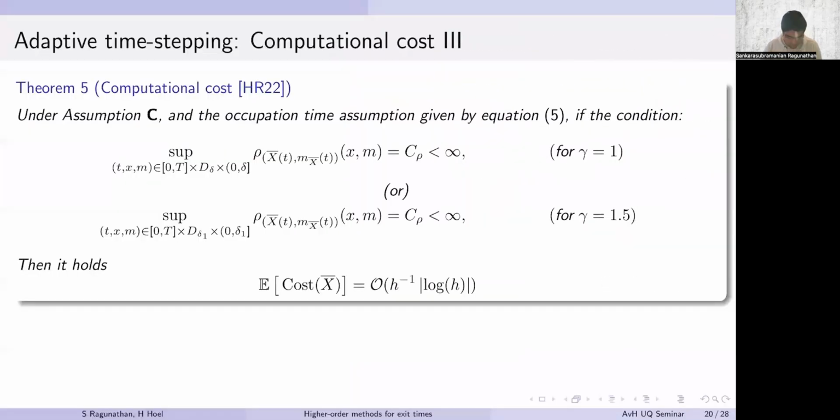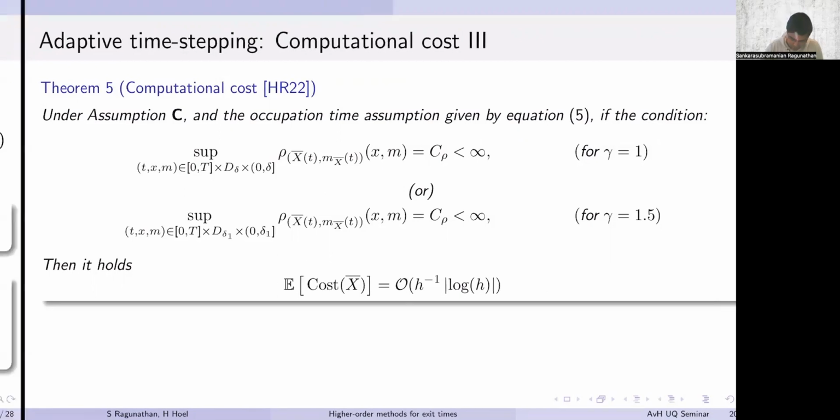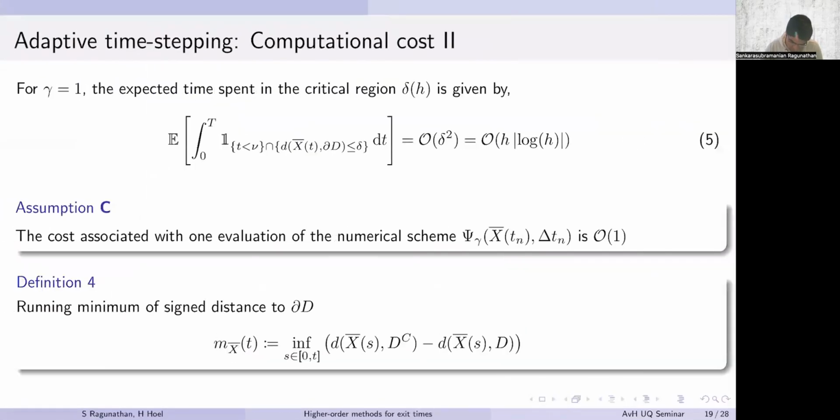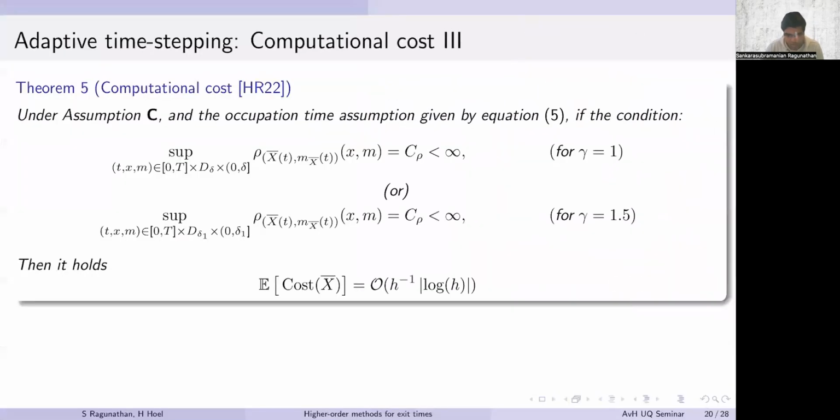And this is the theorem that we have also proven in the paper, basically. So under the assumption that the joint density between the process and its running signed distance is bounded, at least inside the critical region, you can show that under the assumption C, which was given before, relating to the cost of sampling one numerical scheme being order 1, the total expected cost is of order h to the power minus 1 times log h.